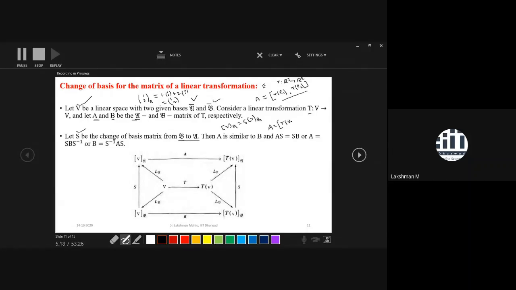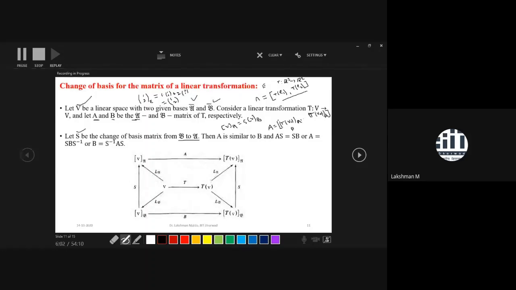Suppose V1 is the first basis element of the basis A. We have to find the coordinate of T V1 with respect to basis A, and likewise you have to find the other columns. The last column would be the coordinate of the image of Vn with respect to basis A. This is your A matrix.